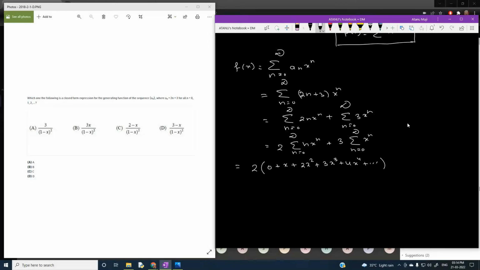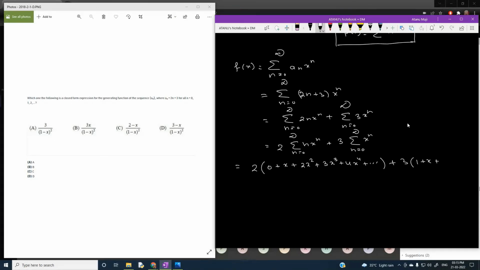An infinite series we are getting from here. And plus here we are getting 3 times, when n is 0, x to the power 0, that is 1. I made that mistake earlier. That should be 1, plus for n equal to 1, x to the power 1, that is x.